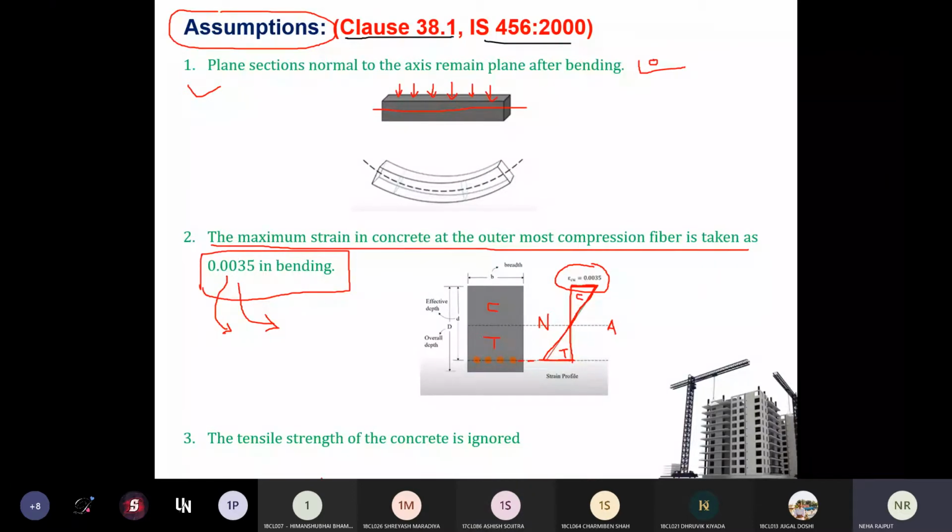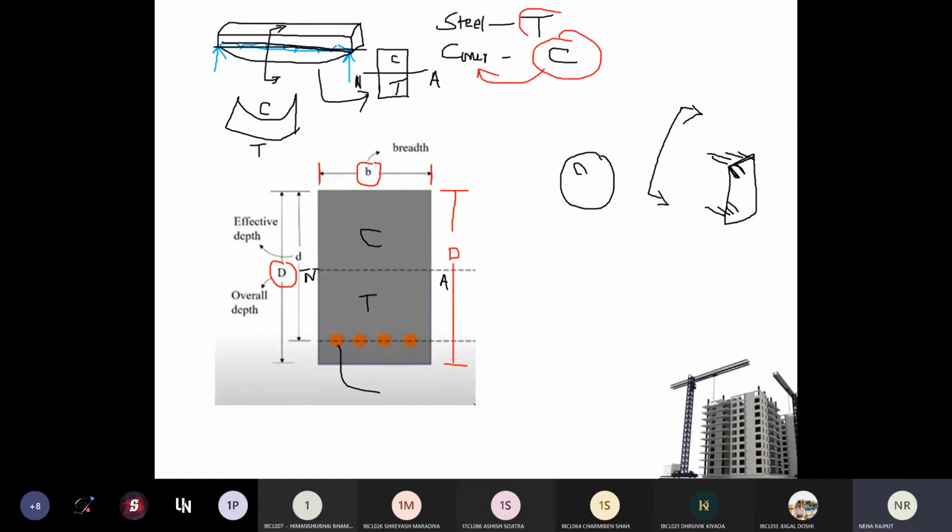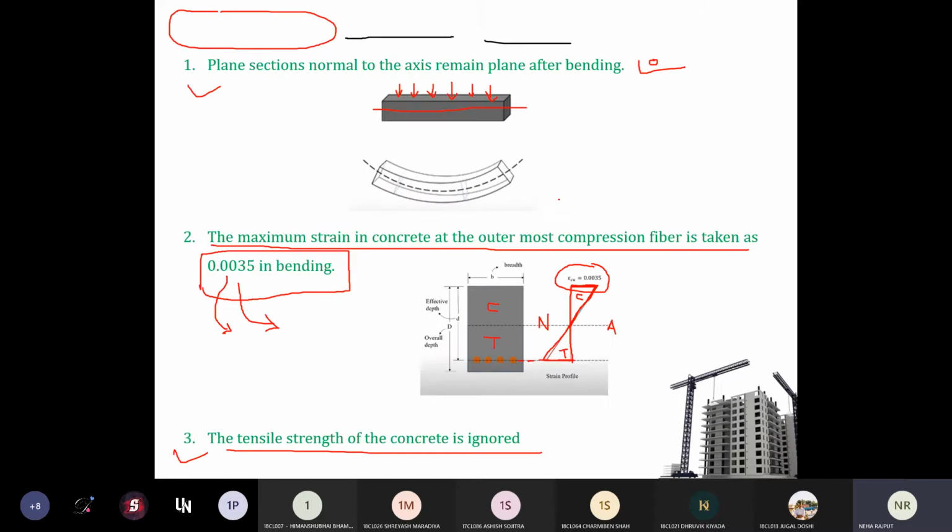Now next, the third assumption is that the tensile strength of concrete is ignored. As I explained earlier, we consider concrete strong in compression, so it will take the compression load only, though concrete does have some tensile strength. What is the tensile strength of concrete?